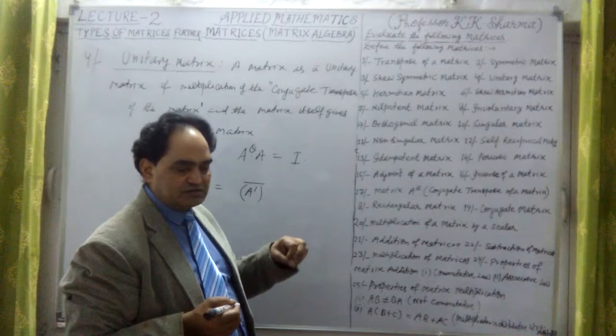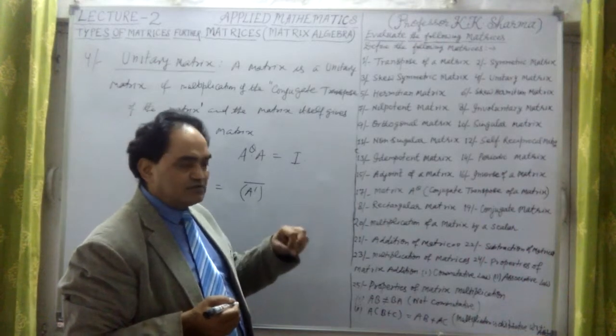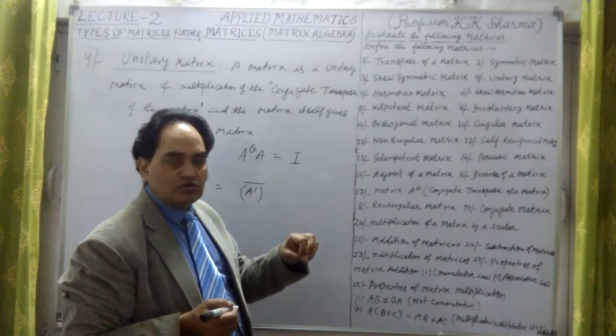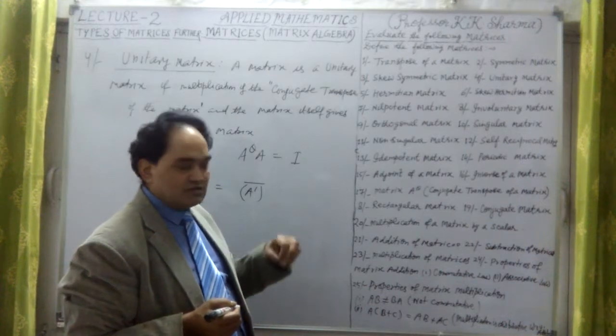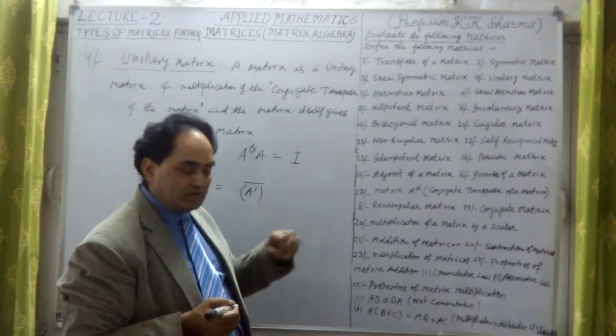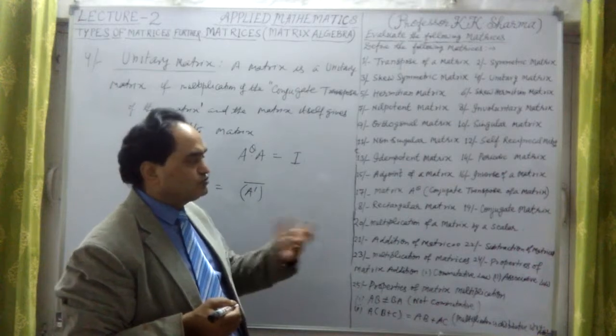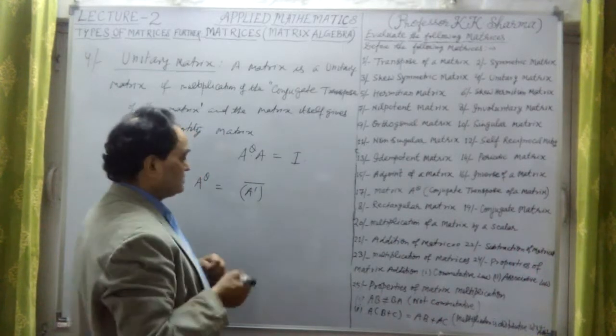The conjugate matrix is a matrix obtained by changing the elements of the given matrix to their complex conjugates. So that is known as the conjugate matrix.